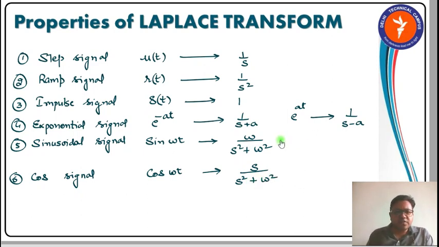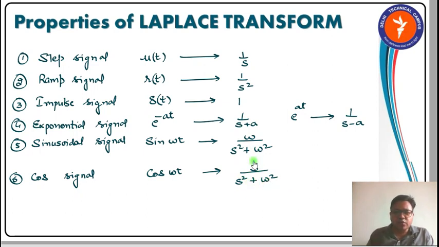Students also get confused between these two formulas because they appear to be very similar. So how do I remember? See here, sine omega t comes out to be omega by s square plus omega square, and cos omega t comes out to be s divided by s square plus omega square.